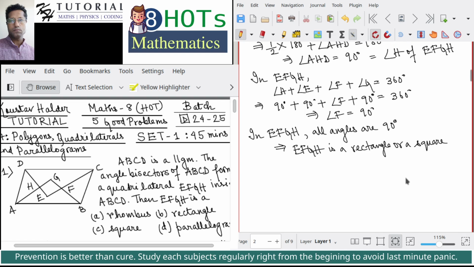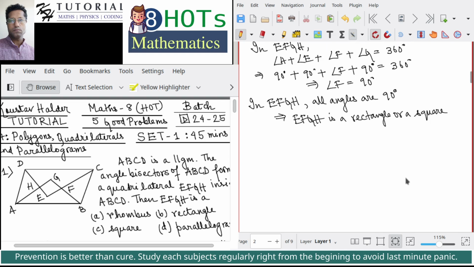I cannot prove that EFGH is not a square, but I can give a counterexample by drawing a figure where EFGH will be a rectangle, not a square. It will be a rectangle formed by the angle bisectors of a parallelogram.